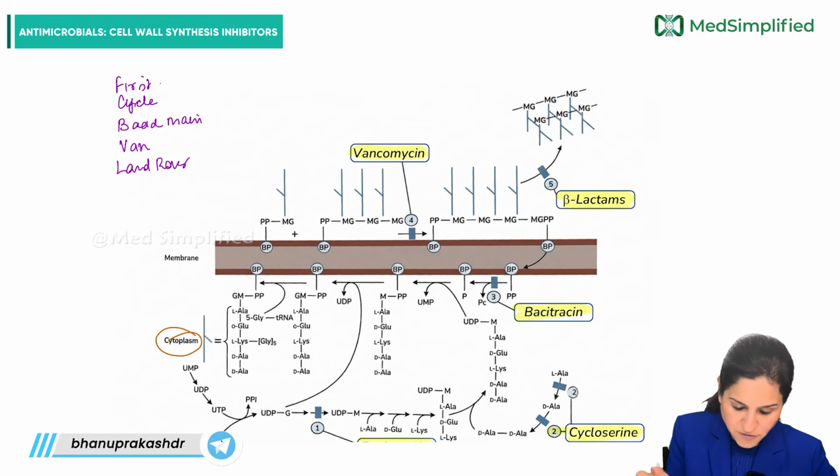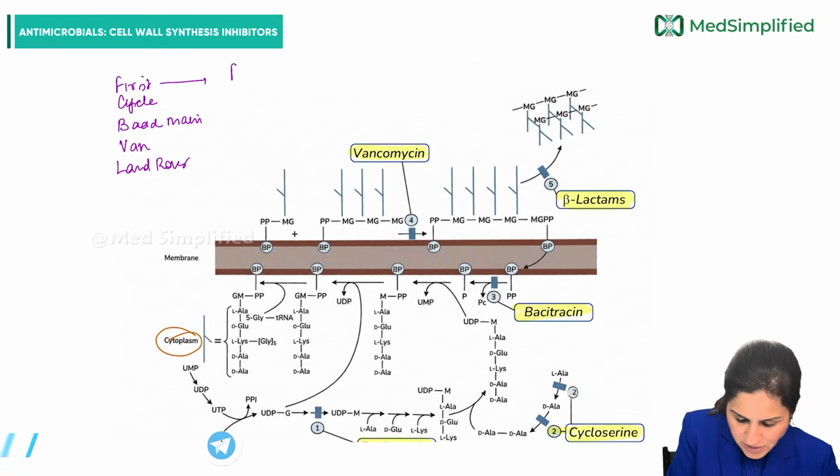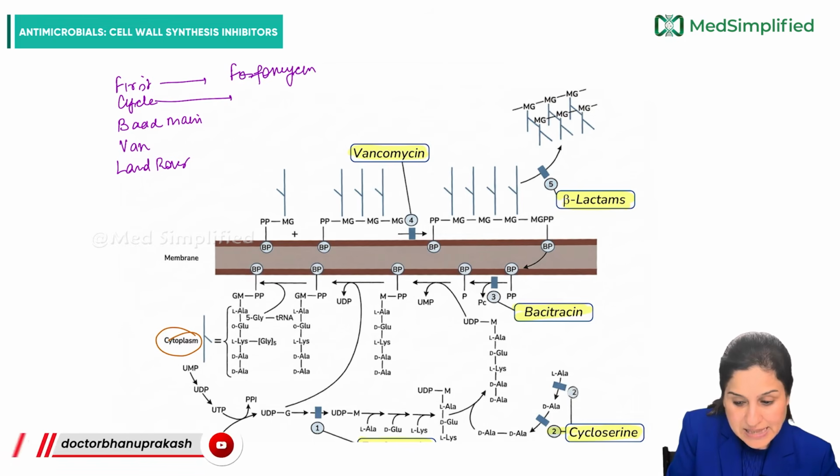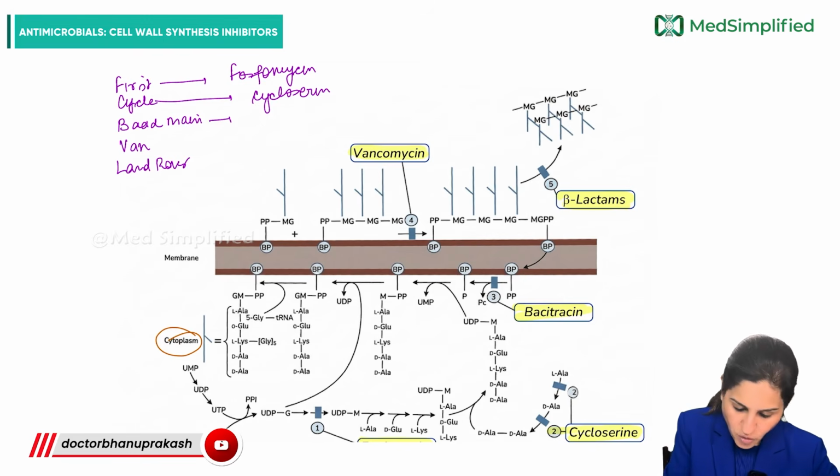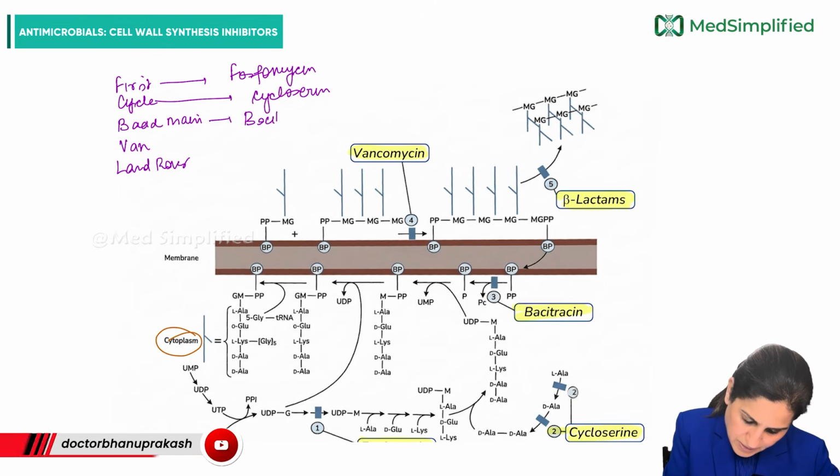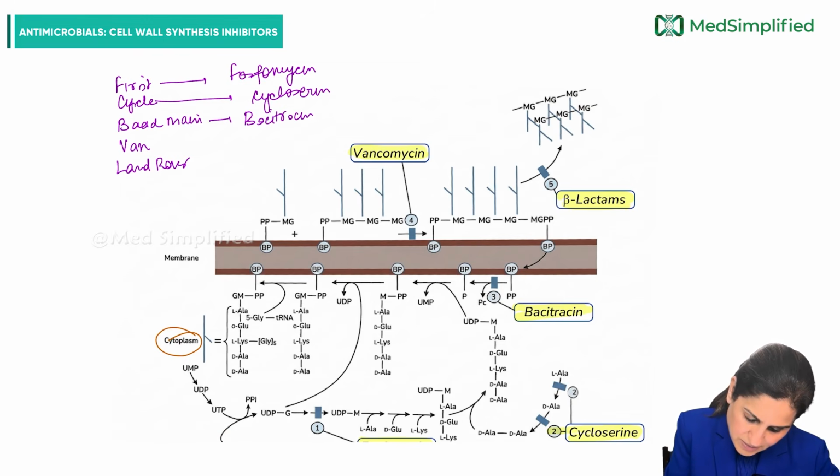So what does this mean? First stands for F, that is fosfomycin. Cycle stands for cycloserine. बाद में, B, stands for bacitracin.